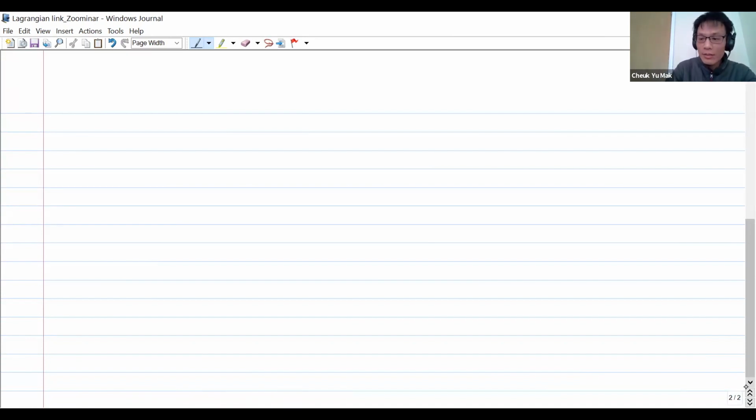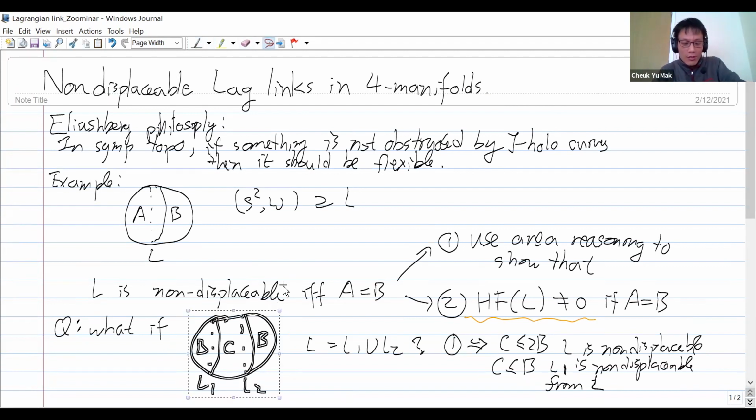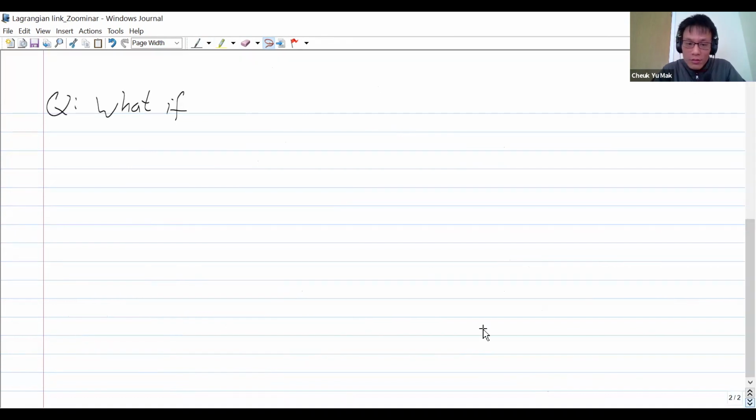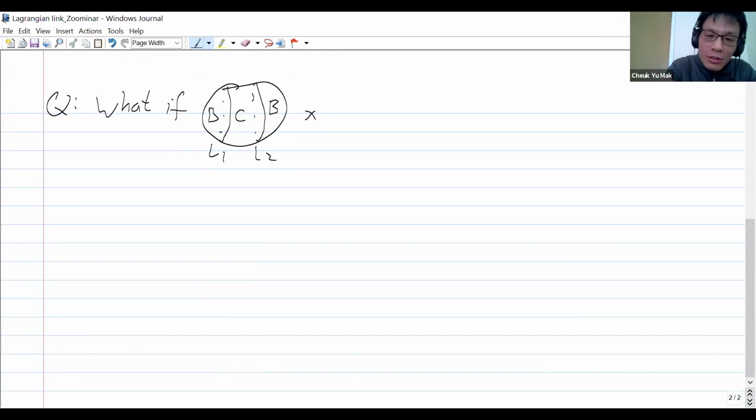And what is even more interesting is, what if we stabilize our manifold by taking the product, Li tilde equals Li times K, where K is the equator.